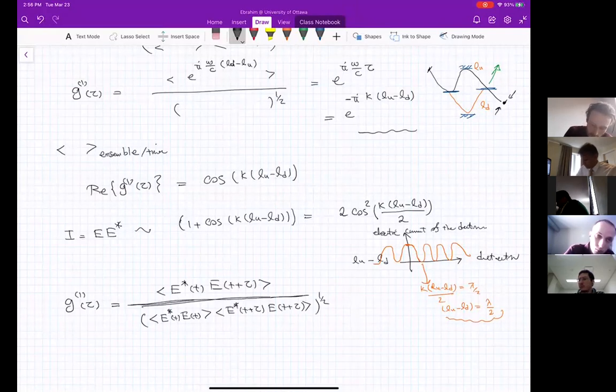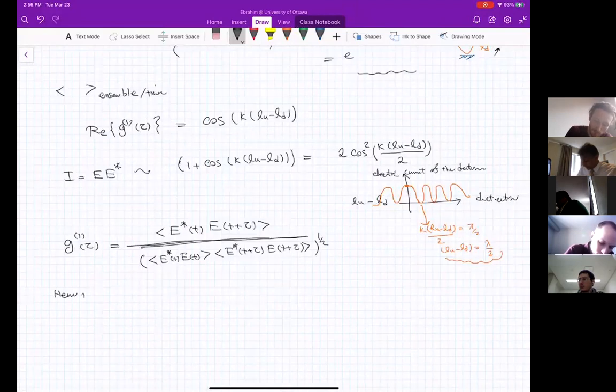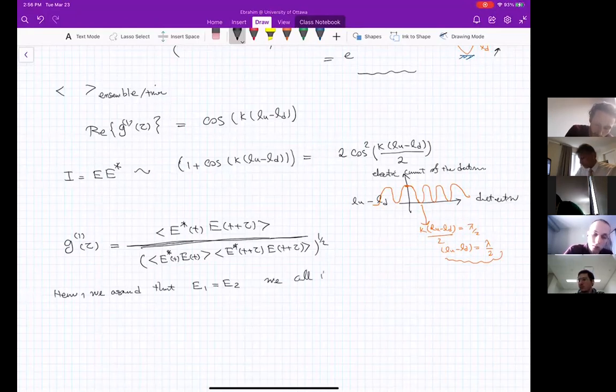Here we assumed that E1 is equal to E2. So that's the reason that we call it autocorrelation.